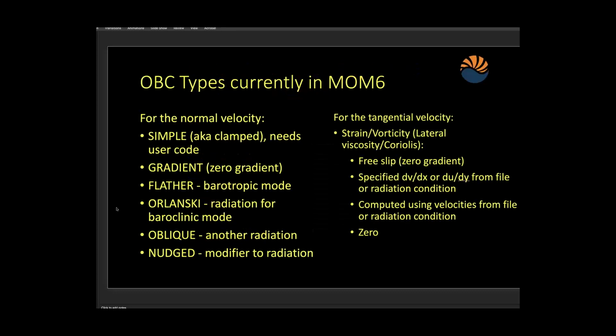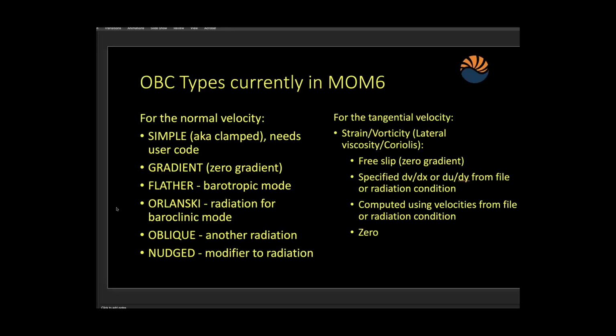So what have we done so far? We have coded up open boundary conditions in MOM6. And these are the options that are currently available to you if you get your hands on the code to try. We have so-called simple or clamped boundary conditions.